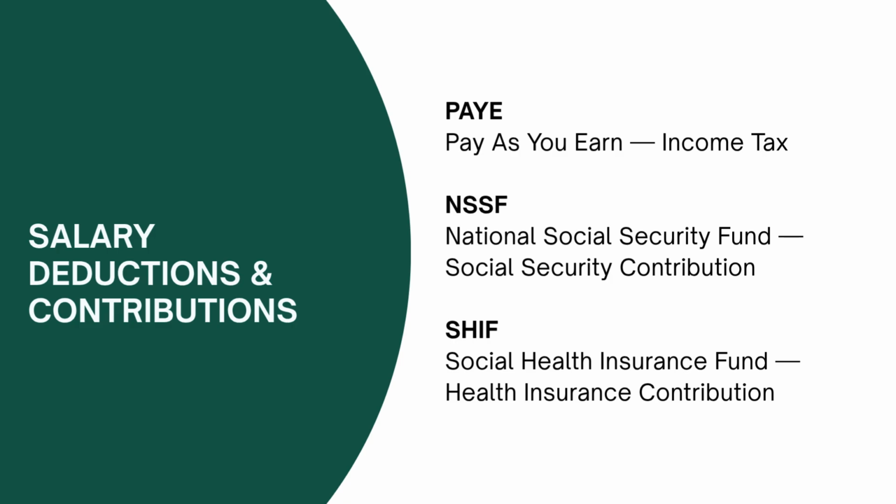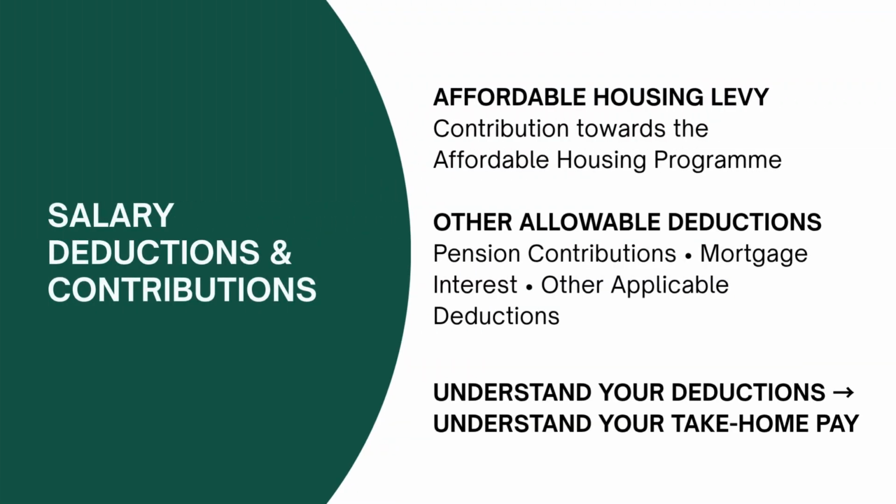This is a statutory or mandatory health insurance contribution that is deducted from your employment income at the applicable rate also. Another deduction you may also see is the new affordable housing levy. This is also a statutory contribution towards the affordable housing program, and it is deducted at the applicable rate also. So all those have a rate that is set by the government or by KRA that every employee has to be deducted.